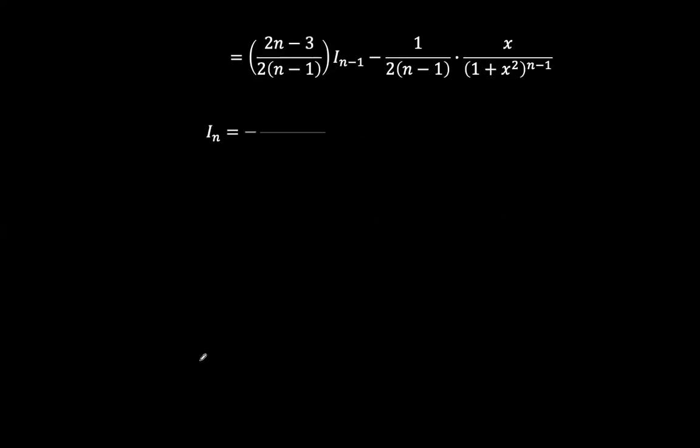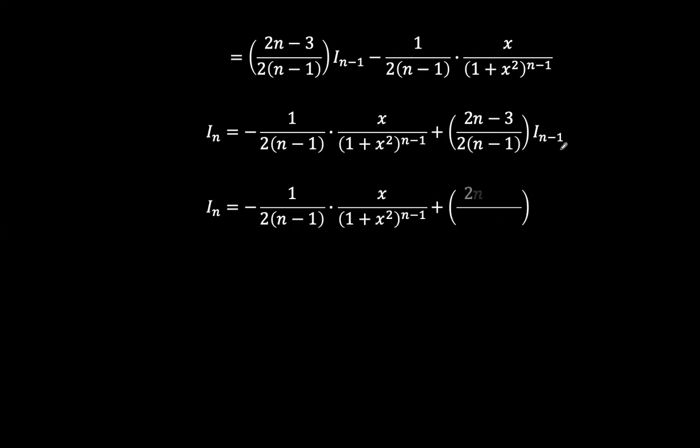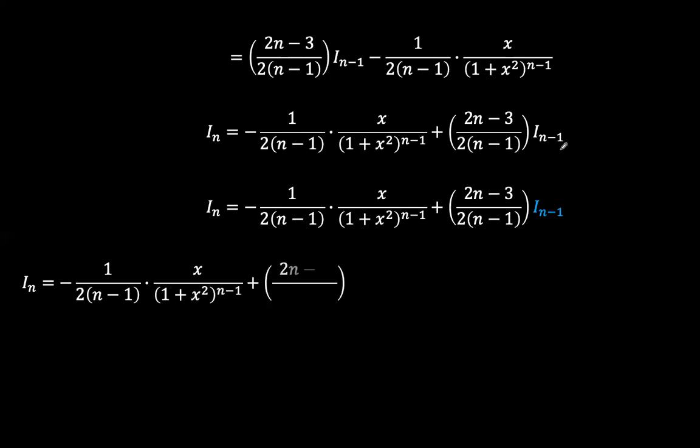And so the important thing to note here is that we can continue with this recursive nature of our equation. We can use the same process to find I n minus 1. So we can keep going and going, and then we get a pattern. We get a pattern here where we see that if I n minus 1 is our focus, we can replace I n minus 1 with the relationship that corresponds with I n minus 2, right?